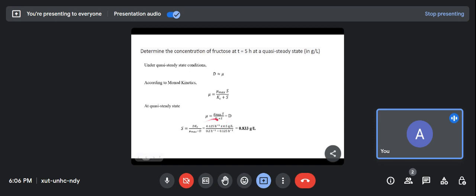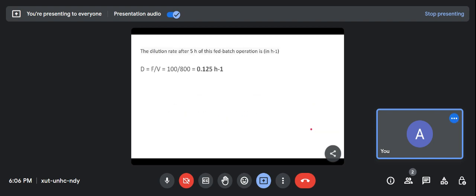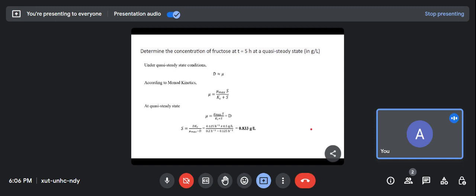You know the dilution rate, you know mu max, you know Ks, because both of these have been given to you in the question itself.